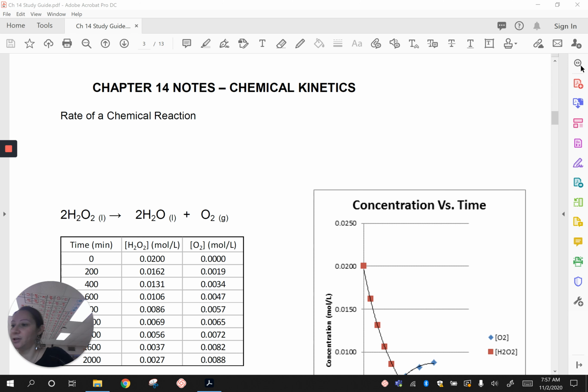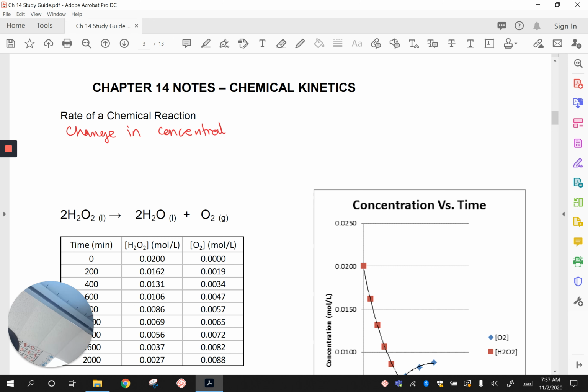Let's write that down. Change in concentration over change in time.